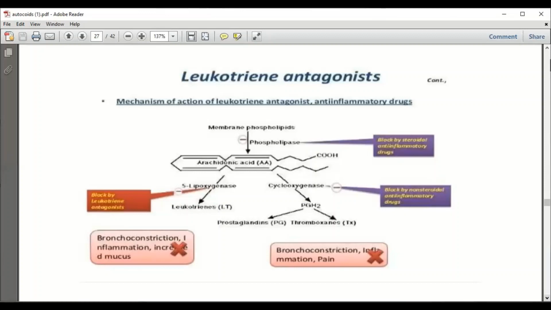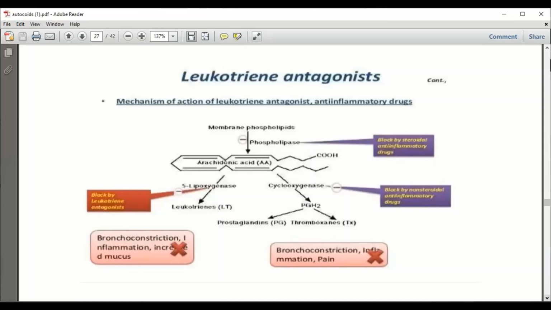So that is the point where steroids work. But if there is no intervention of the steroid, let us see how the pathway goes. The arachidonic acid is converted into leukotrienes by an enzyme called 5-lipoxygenase. And here you can intervene by blocking it with a drug.